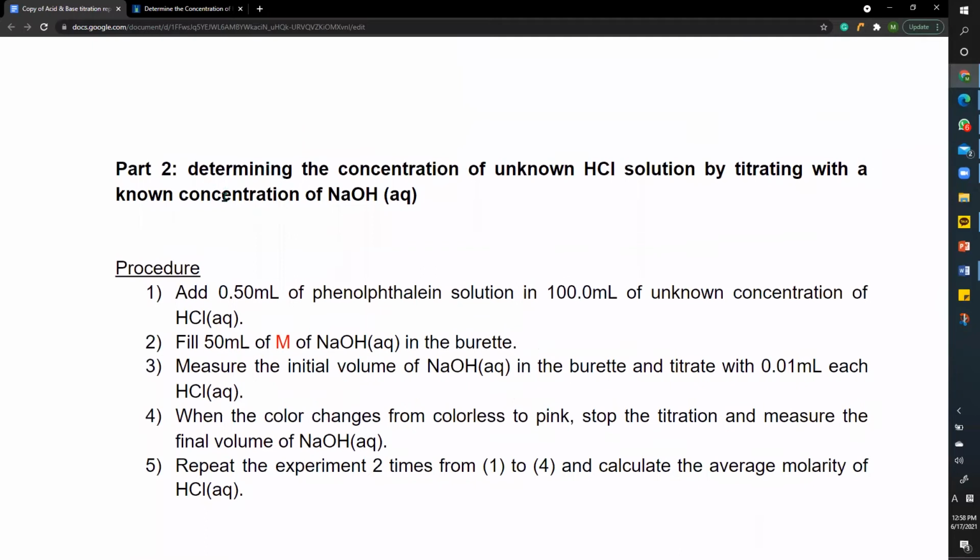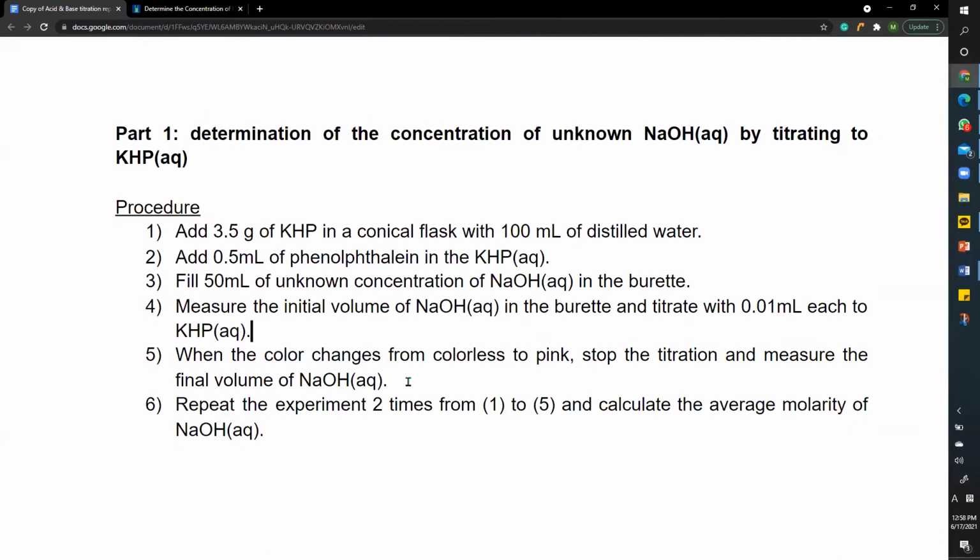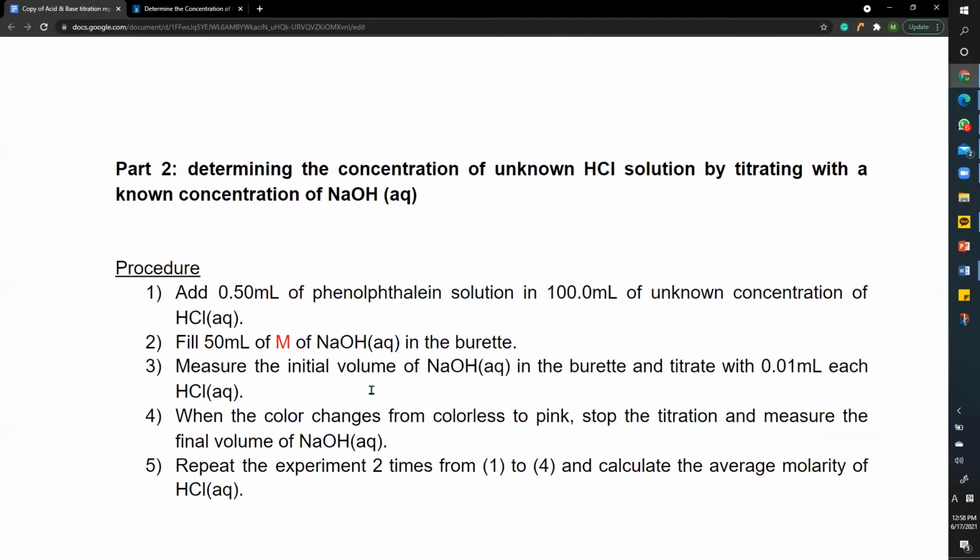The second part is determining the concentration of unknown HCl solution by titrating with a known concentration of NaOH. Before part 2, we already know the molarity of NaOH, so we use that here, and we repeat a similar procedure.